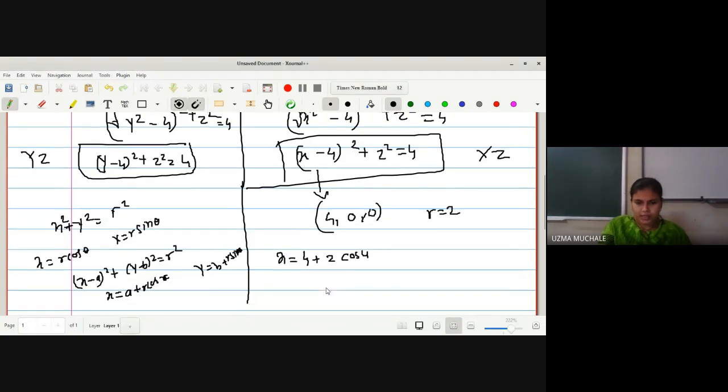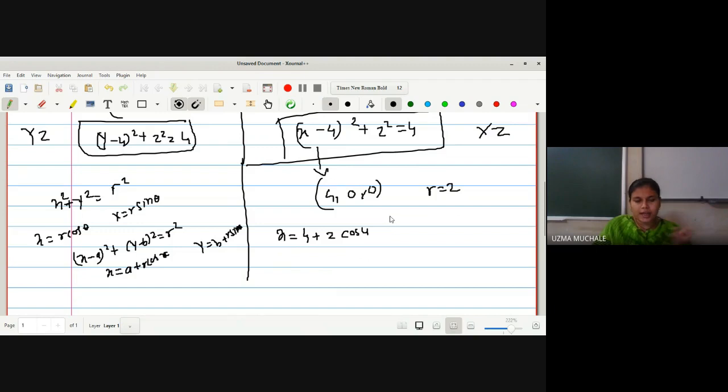Instead of saying theta, as we are writing all this in terms of u and v, because we want to define a mapping x of uv, you have to define x of uv, correct? If you want to define x of uv, we will write them in terms of u and v. So what is the next one? Z coordinate. Your z coordinate will be equal to simply 2 sin u, right?